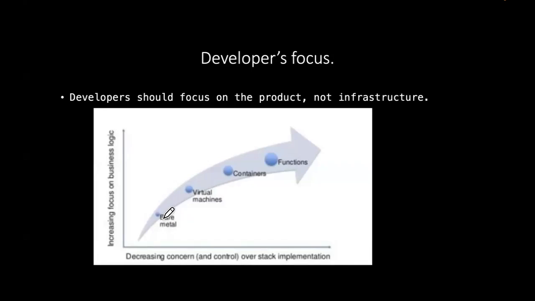They had to be concerned with buying the hardware, which is buying your server machines, installing the operating system on that hardware, maintaining the operating systems, keeping them up to date, etc., and then deploying your application on top of the operating system. When the virtual machine era came about, we no longer, as developers, had to worry about the hardware. We still had to worry about the operating system, though, and making sure that it was being patched and maintained and kept up to date.